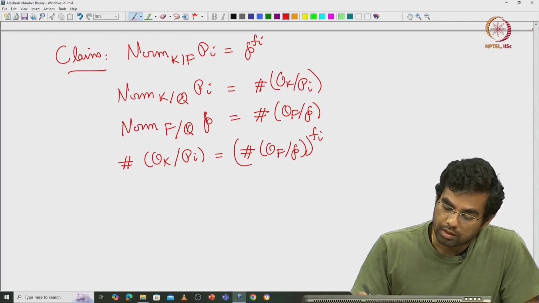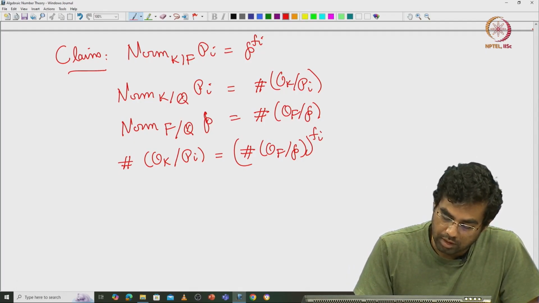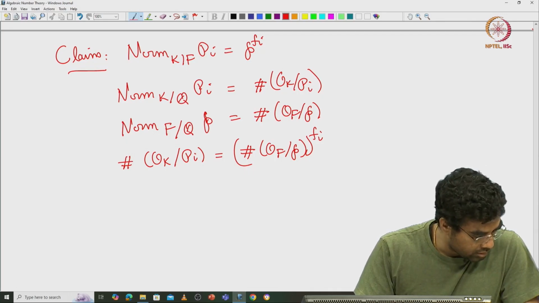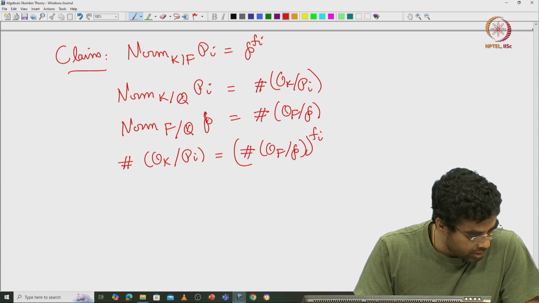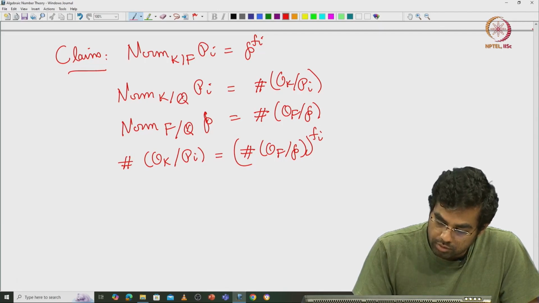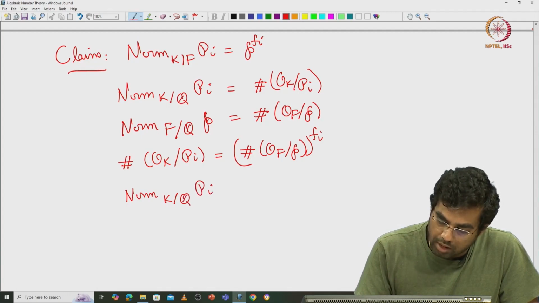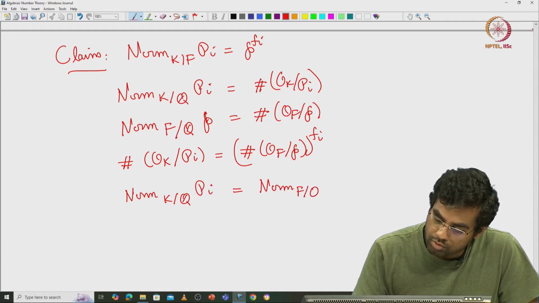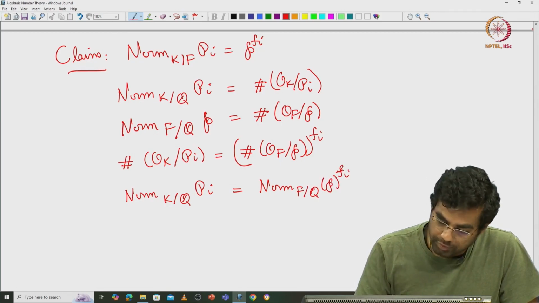Okay. And therefore, we get that, right, to finish the proof I need to... So, I get the norm from K to Q of pi is equal to the norm from F to Q of p to the power f_i.